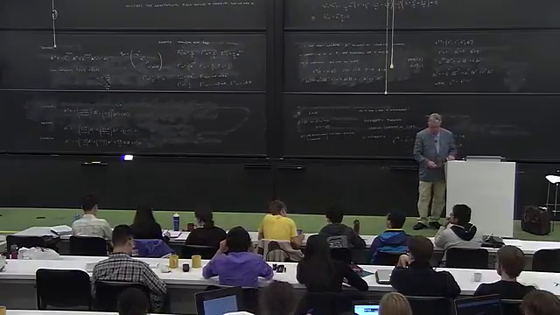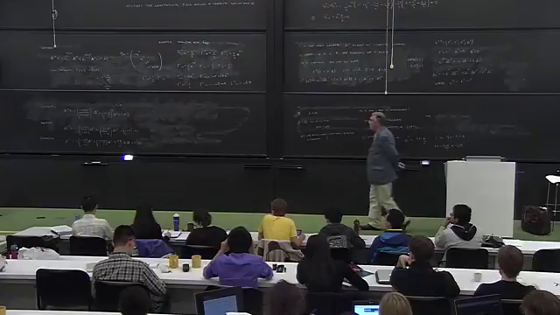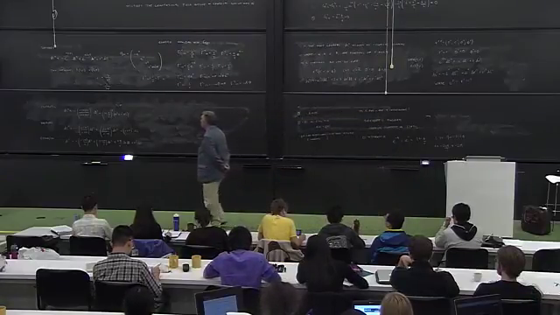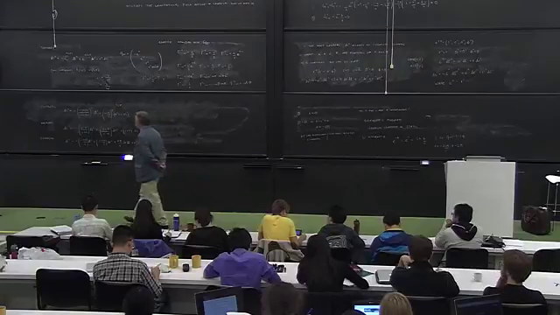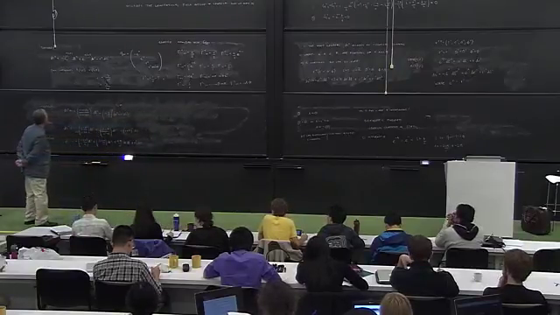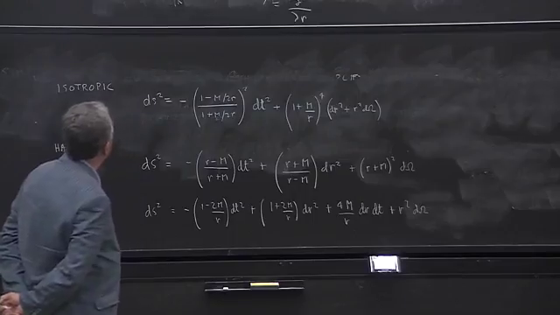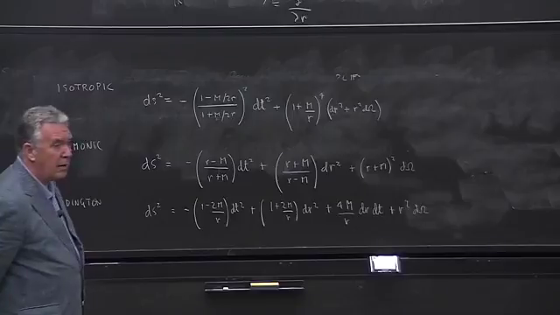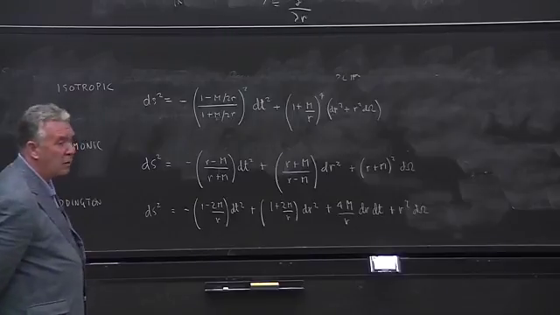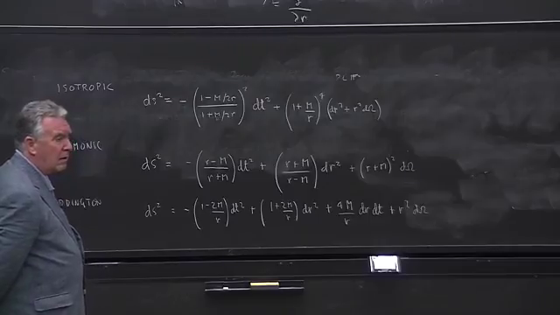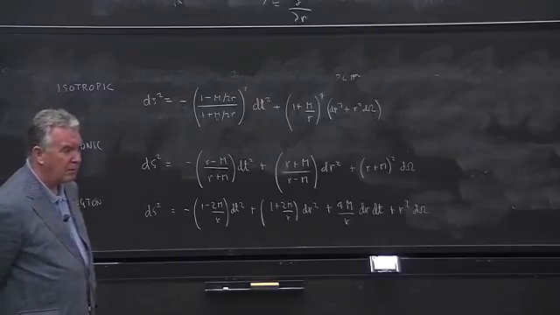So there's a moral. You see, we look at the Schwarzschild solution, and you might think it's singular at r equals 2m. The g_rr component blows up. Does that mean that there's something funny with the space-time?